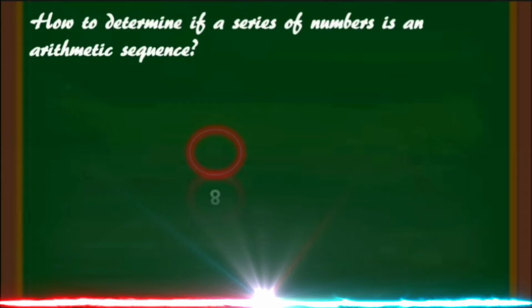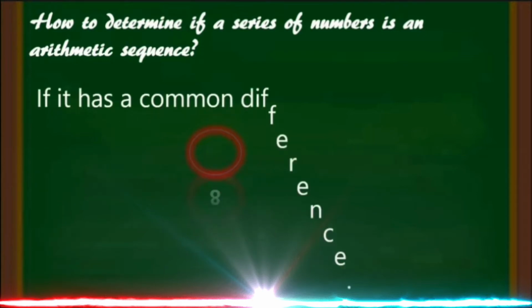How do we determine if a series of numbers is an arithmetic sequence? Yes, very good. If it has a common difference. So we can say that a certain series of numbers is an arithmetic sequence if it has a common difference.